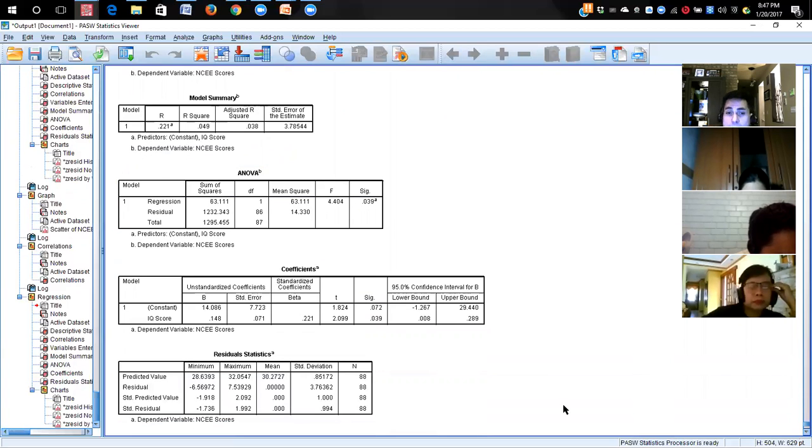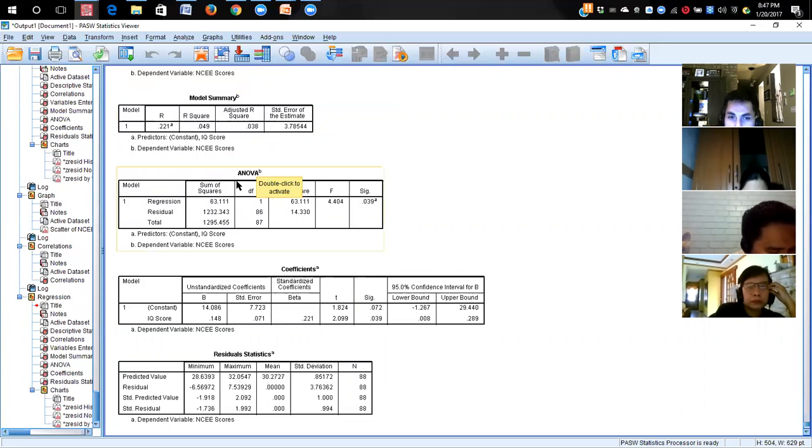So now this is the most important part, the coefficients. This is what regression is all about. If I have a paper, and I'm going to publish my result, I'm not going to tell the reader about the model summary, the standard error of the estimate.